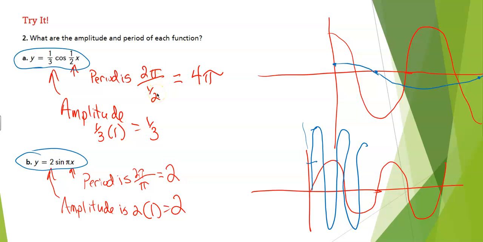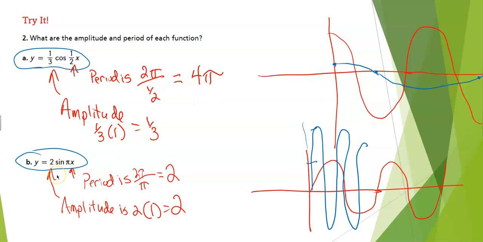Remember, dividing by a fraction is the same as multiplying by the reciprocal, so now you would get 4 pi. So it basically stretched it out horizontally. And then because I multiplied the cosine of whatever it is by a third, I've actually shrunk it, right? It's getting closer and closer to the x-axis, so I compressed it vertically.